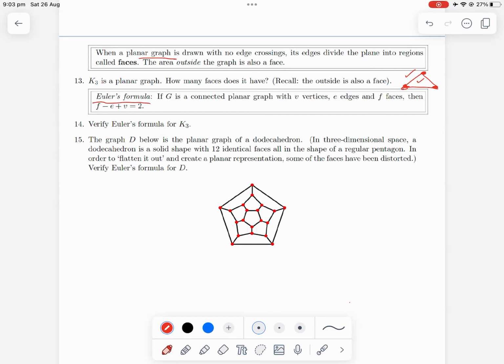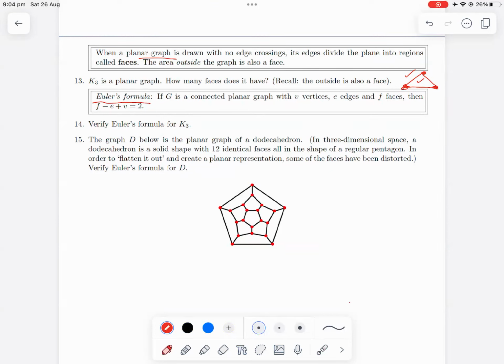Euler formula, which tells us that if G is a connected planar graph with V vertices, E edges, and F faces, then we've got this formula. This is, guys, this is right in the polygons as well. All right.